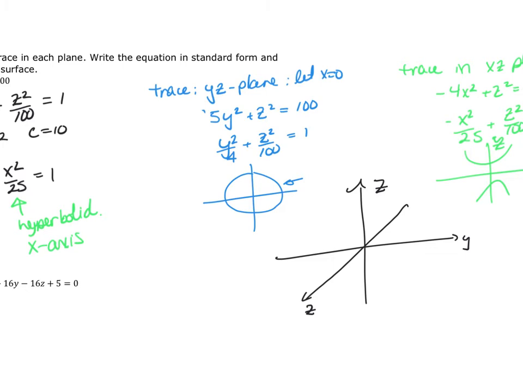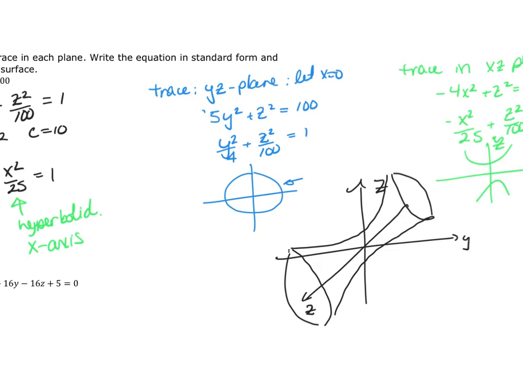Because it had an ellipse there, I knew that's why I had one sheet. And so the hyperboloid would look something kind of like this, and then something like this. So it'd be like this here on the side, like that.